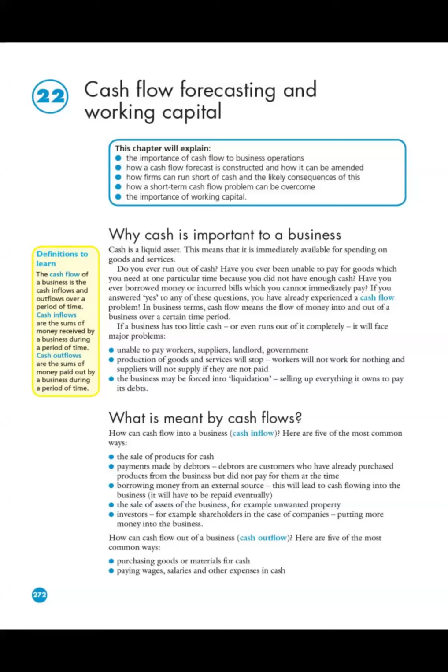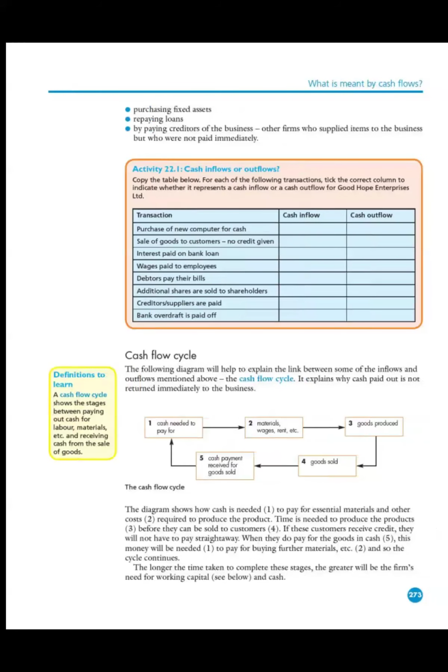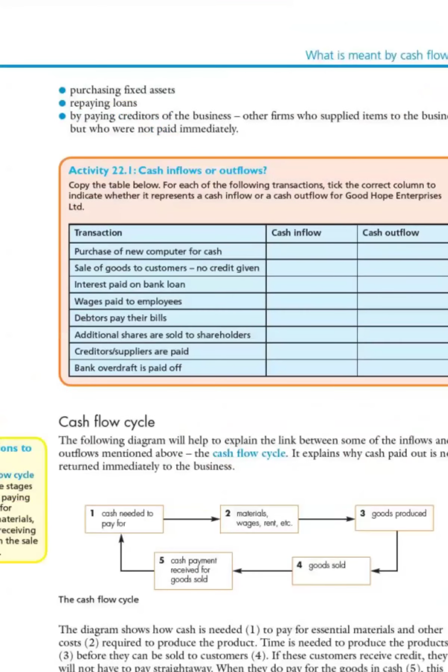So usually cash could flow out through the purchases of goods and materials for cash, paying wages and salaries or other expenses on cash, through the purchasing of the fixed assets. When you're buying the fixed assets, that way cash can flow out of the business. Or if you have a loan, then cash can flow out of the business through a loan.